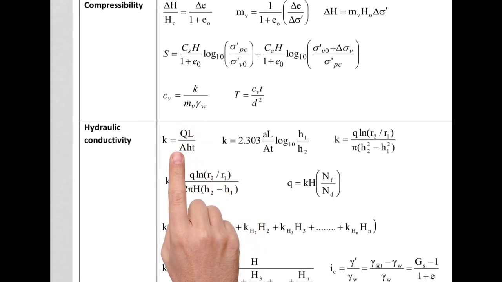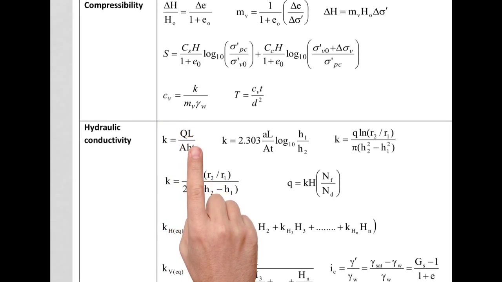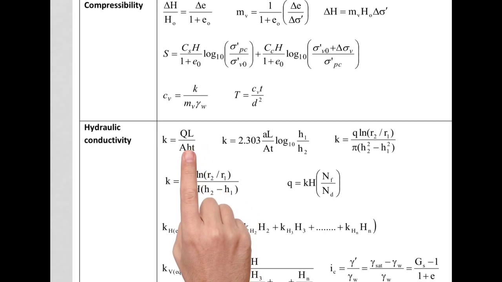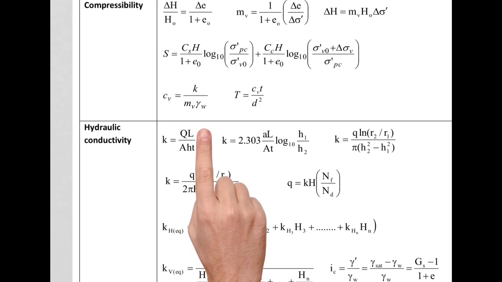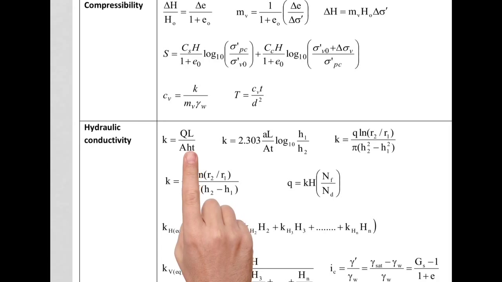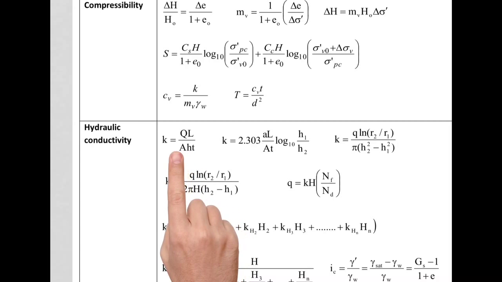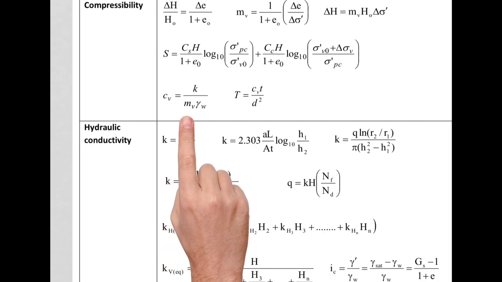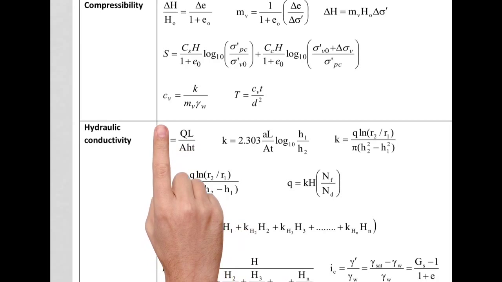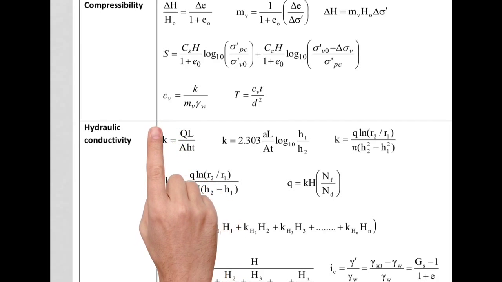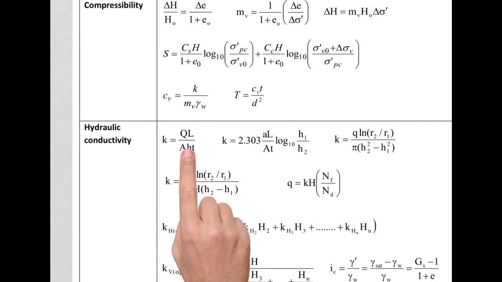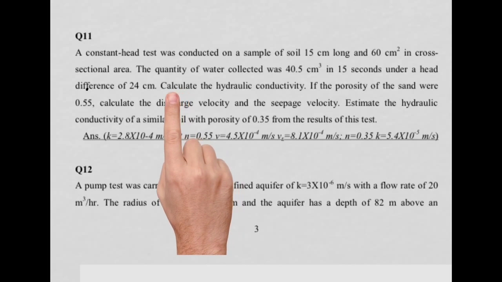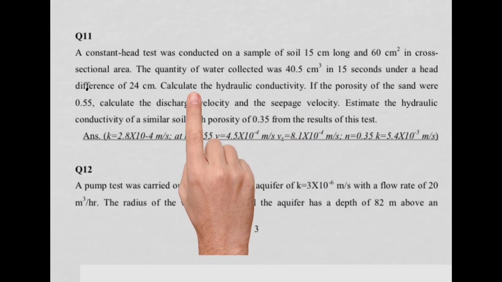Q is given, T is given, L is already given, H is given, and A is already given. So we have all of this information, so simply we can calculate the hydraulic conductivity of this material. This is the first requirement here.